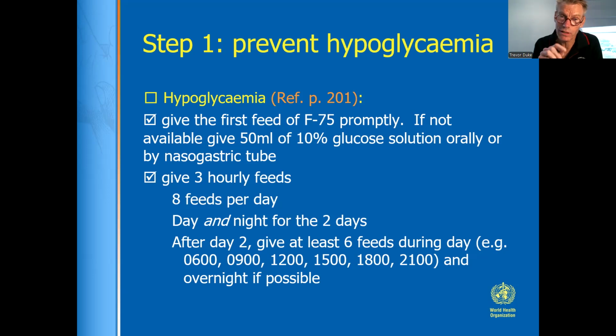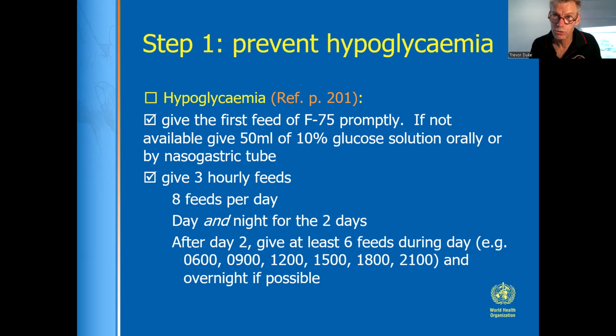So you should give feeds at least every 3 hours, at least 8 feeds a day in the first couple of days, day and night. Remember, often we prescribe feeds, but children get mostly fed during the day, and they may not be fed overnight, but it's overnight that they're most prone to becoming hypothermic and hypoglycemic, especially if they're not fed.